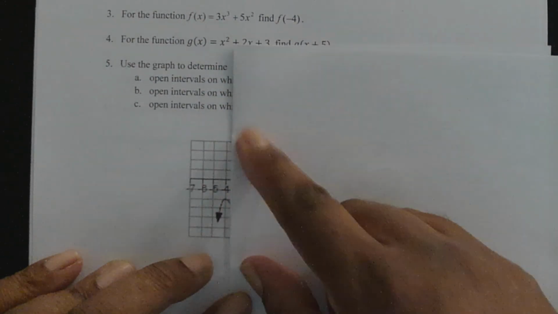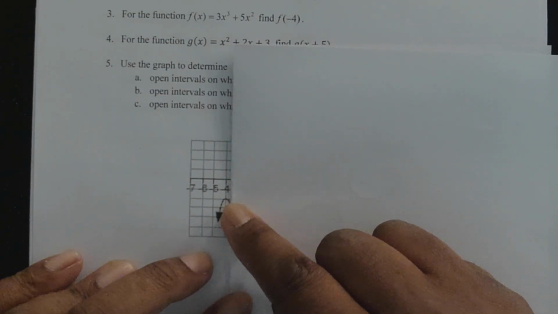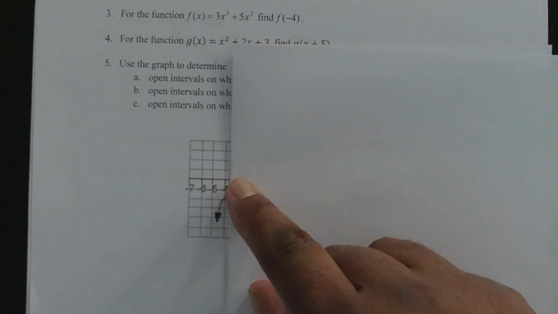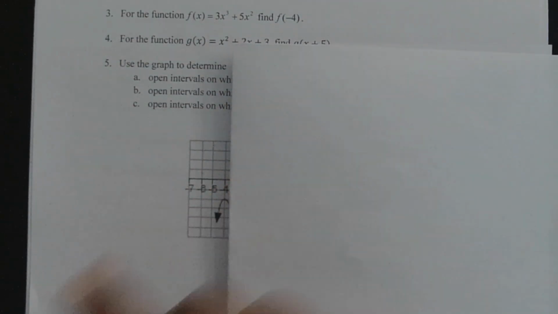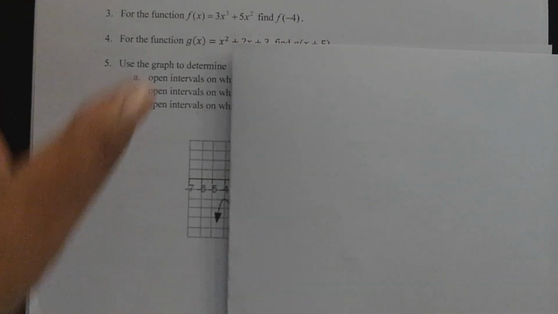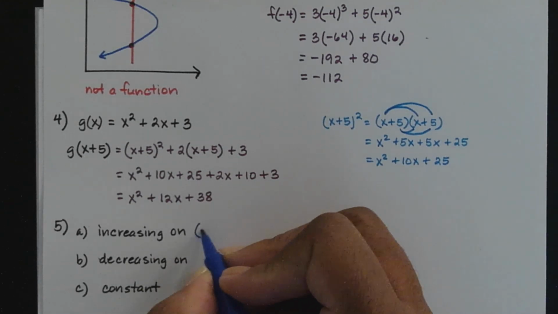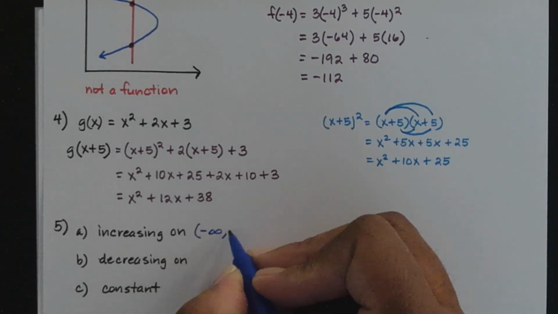And it stops increasing at what x value? -4. So from negative infinity up to -4, the graph of this function is increasing. So we can say that it's increasing on the interval from negative infinity to -4.